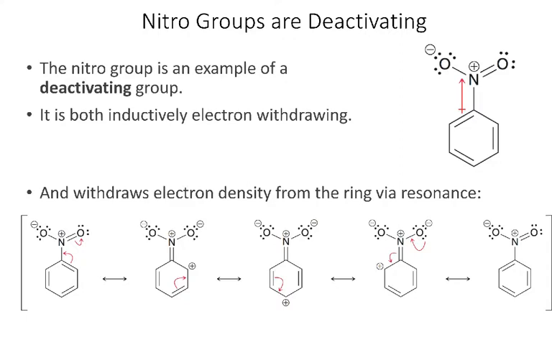But also, when we consider the resonance structures of the nitro group, we end up with a positive charge on the benzene ring. And so that also makes it electron withdrawing because of resonance. So for both reasons, induction and resonance, the nitro group is an electron withdrawing group, so that's going to destabilize the positive sigma complex.